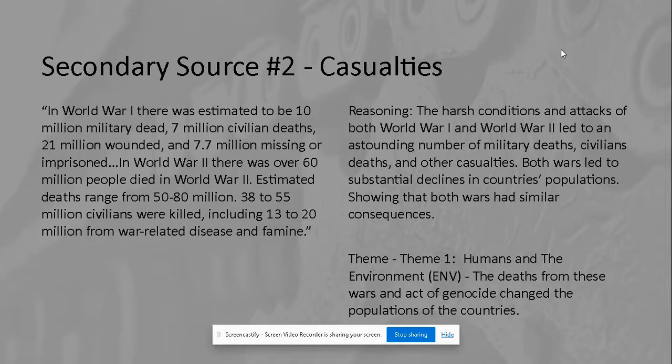The harsh conditions and attacks of both World War One and World War Two led to an astounding number of military deaths, civilian deaths, and other casualties. Both wars led to substantial declines in countries' populations, showing that both wars had similar consequences. This relates to theme 1: the deaths from these wars and acts of genocide changed the populations of the country.